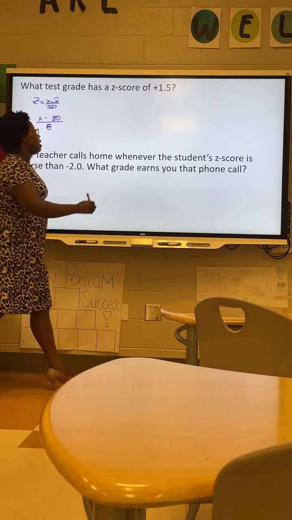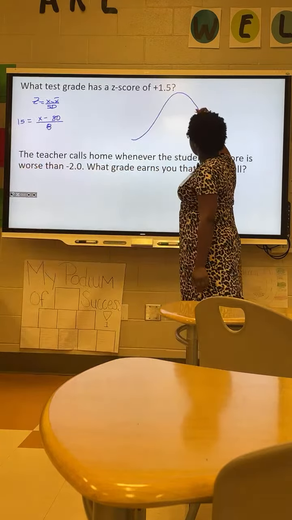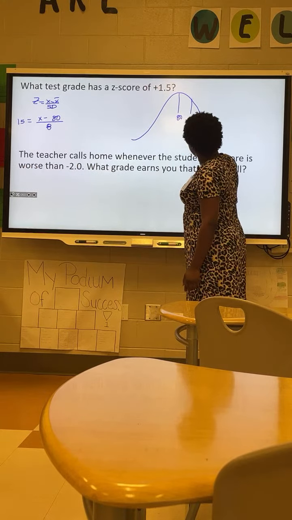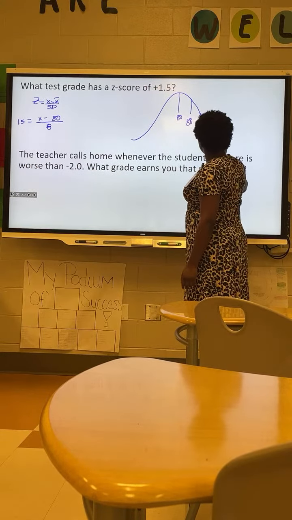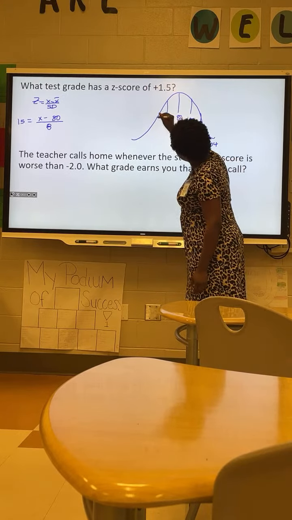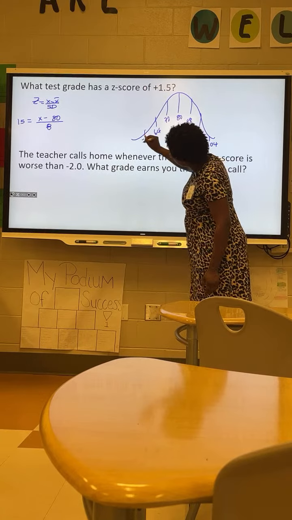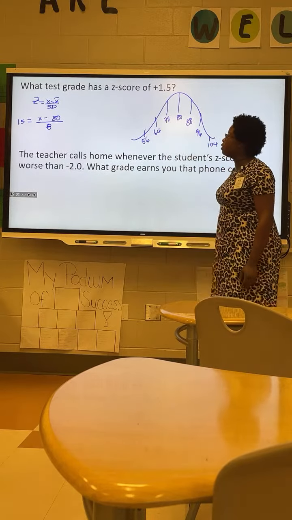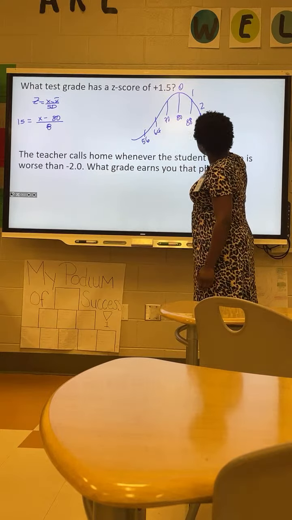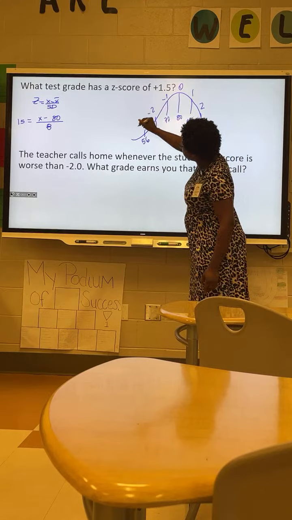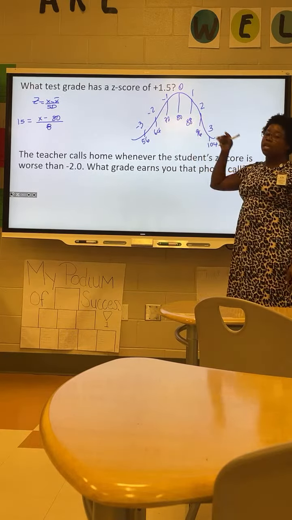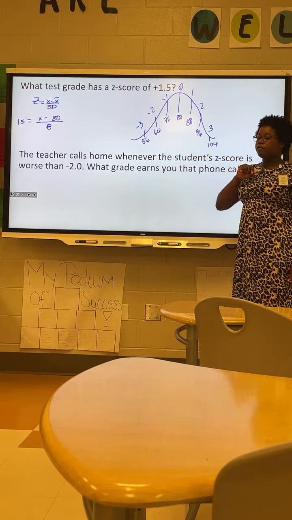That's one method. Another method is to draw your bell curve. So that was 80, that was 88, that was 96, that was 104, this was 72, this was 64, and this was 56. Another way to do it is to identify your 1, 2, 3, positive and negative, for your z-score. If you do that, you know you're moving 8 for every z value.